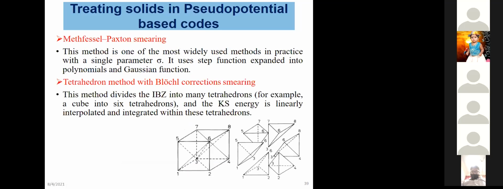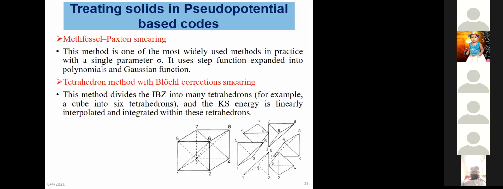Okay, and also there is Methfessel-Paxton smearing. In this smearing, we introduce a parameter sigma, that is our smearing parameter, and we tune this sigma, and this sigma adds slightly a Gaussian function into our electronic occupation, and is similar to our Gaussian smearing. And there is tetrahedron smearing, in which the whole of our irreducible Brillouin zone, the IBZ, is broken into several tetrahedrons.